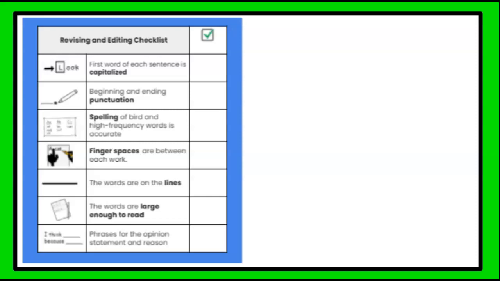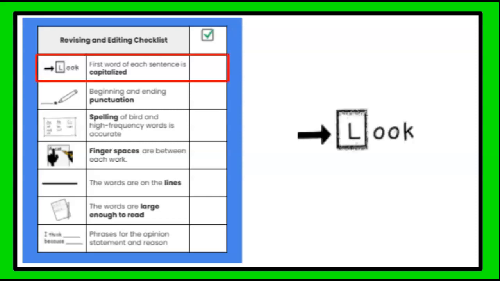Now we are going to look at revising and editing. Good writers revise and edit their work. That means they go back and add or take out things that they don't need and make sure that they have capital letters, punctuation, spelling, and everything looks good. So let's go over our checklist. The first word of each sentence has to start with a capital letter.